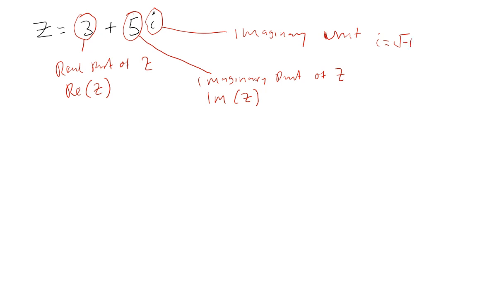We should also know that either of the parts can be 0. So the real part or the imaginary part can be 0. Let's give an example.